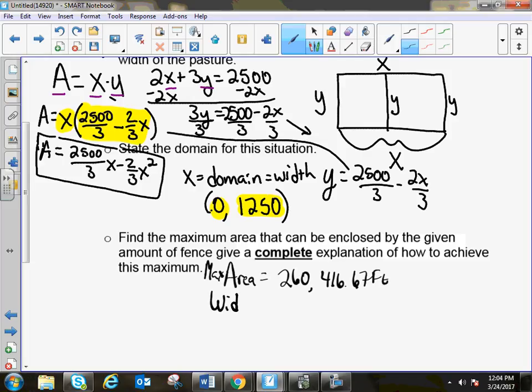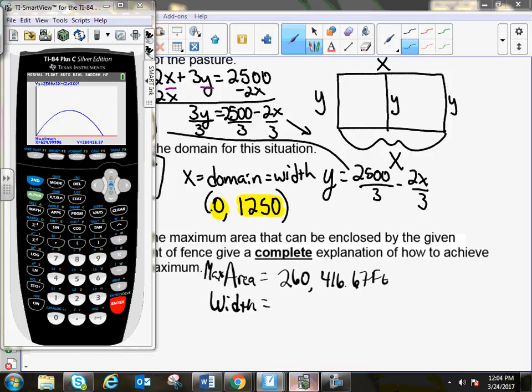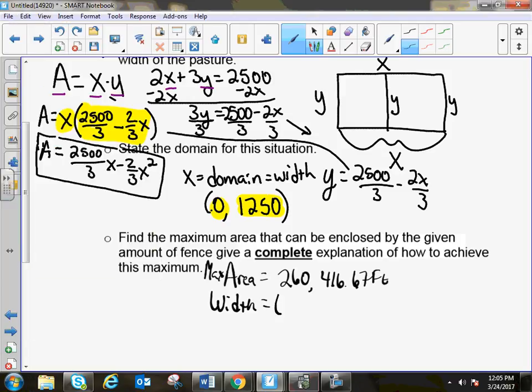What is the magic width that maximizes that area? So the calculator again, 624.999, so we're going to call that 625. 625 feet would be the width.